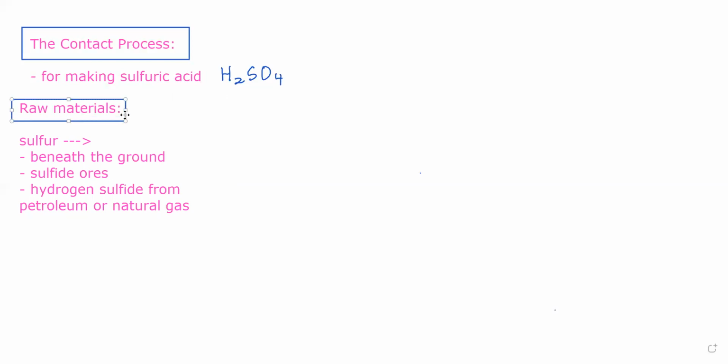Now let's go through how these raw materials will be used in this process. So here, when I am writing the contact process, let me write here the whole process, which is a very important industrial process for making sulfuric acid.